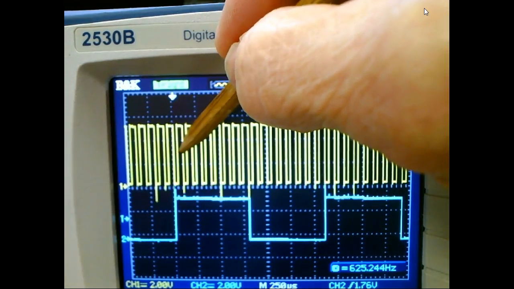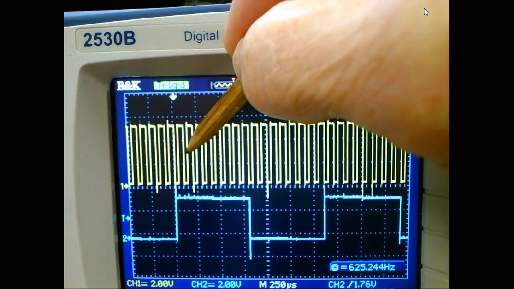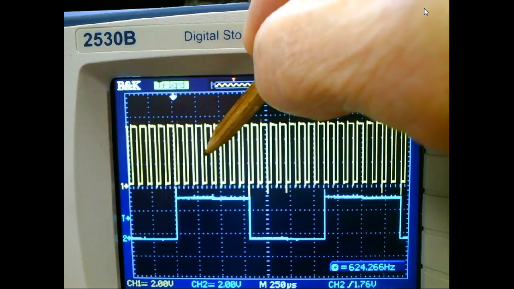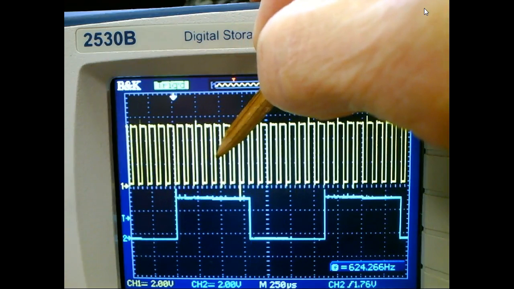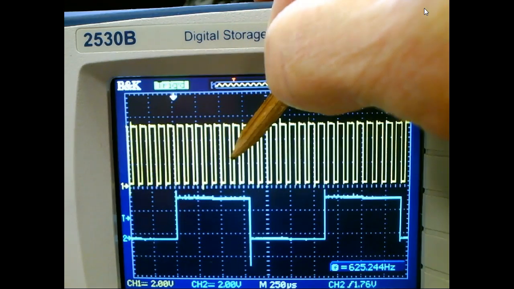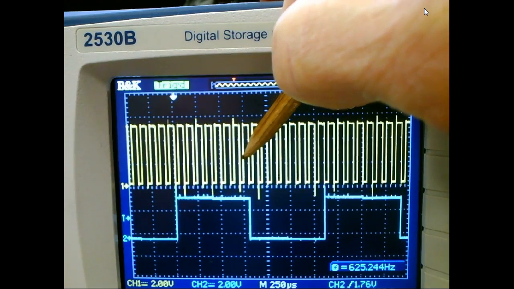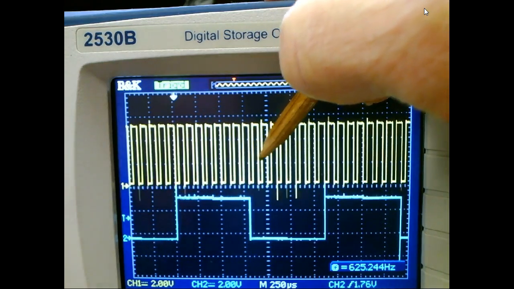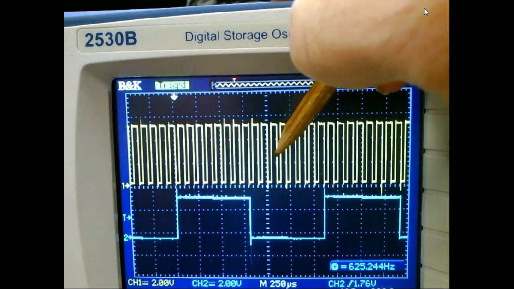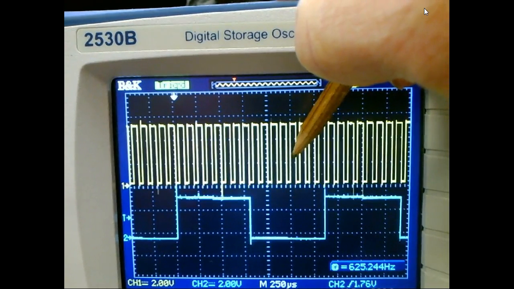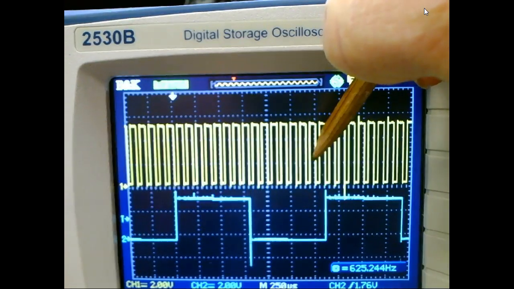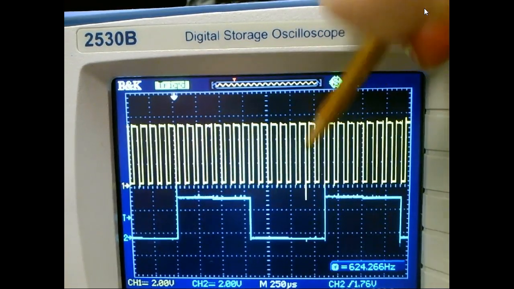So this is the first one. That'd be 1, 2, 3, 4, 5, 6, 7, 8, 9, 10, 11, 12, 13, 14, 15, 16, and then it changes.